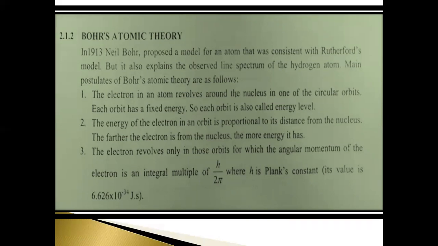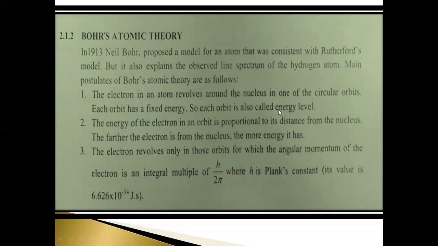That's why those orbits are also called energy levels, because they have fixed energy. N is equal to 1 has a fixed energy, n is equal to 2, n is equal to 3. What is the energy of these orbits? Inshallah, you will learn in first year the energy of the different shells of an atom. But just keep this in your mind that each shell or each orbit has fixed energy.